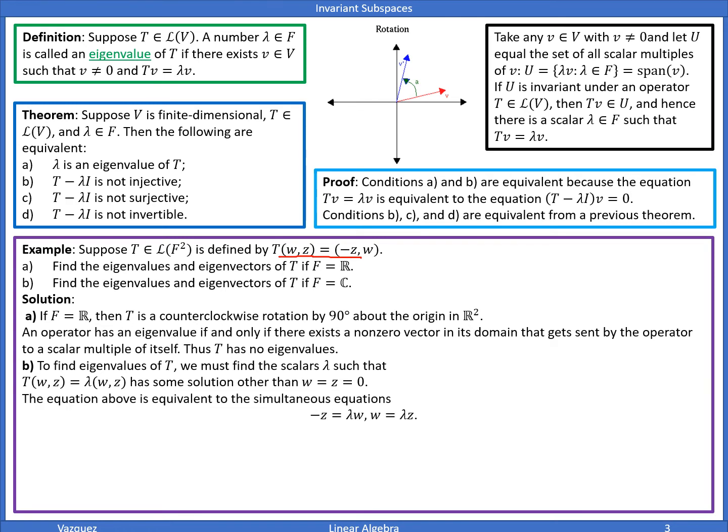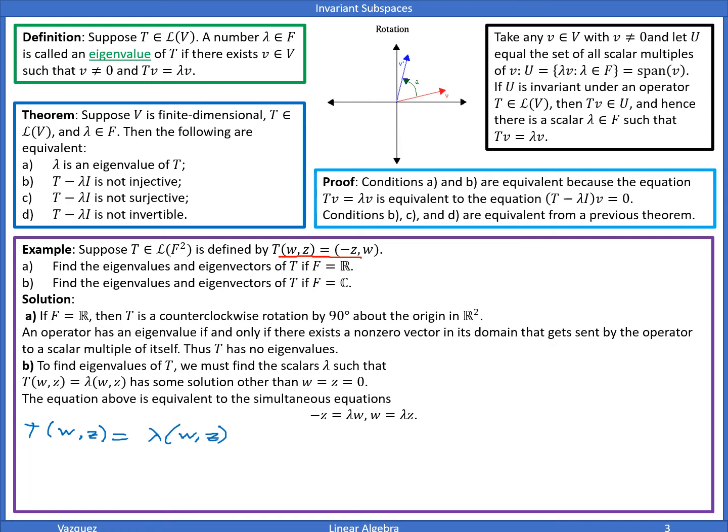So the equation above is the same thing as saying negative z is equal to lambda times w, and w is equal to lambda times z. Now, why is that the case? Well, T of (w, z) is equal to lambda (w, z), right?